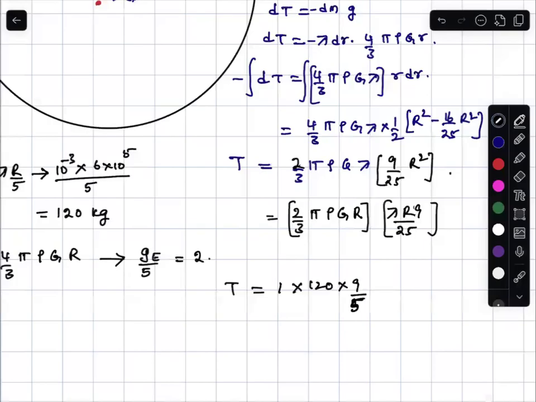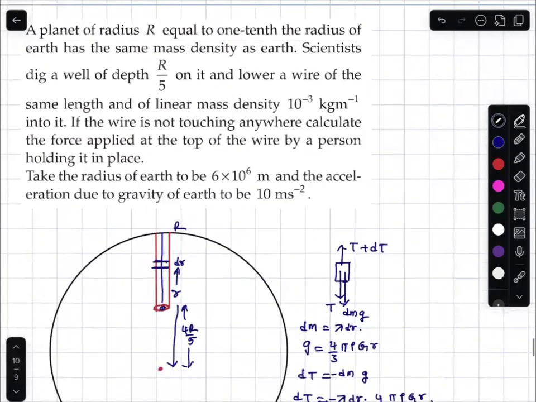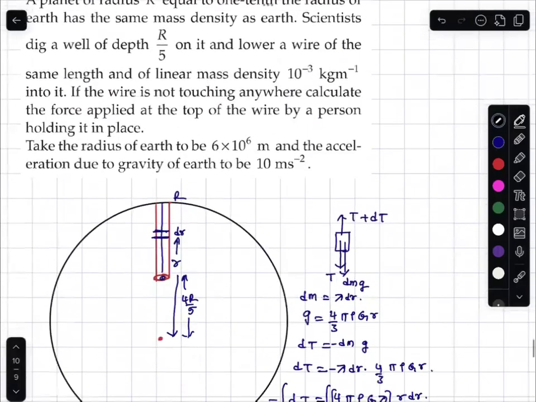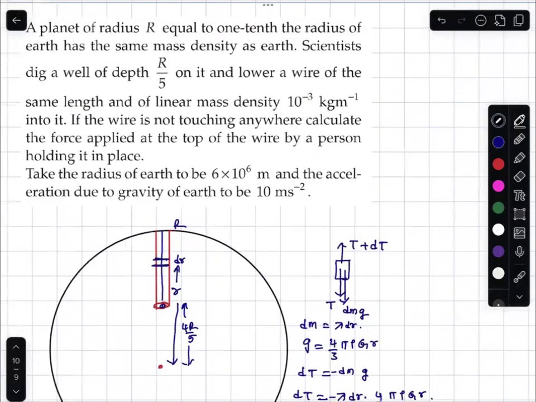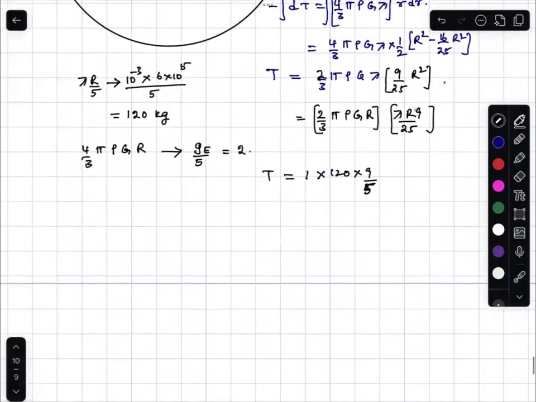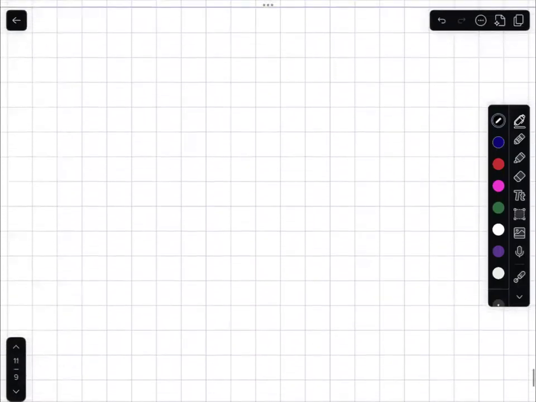Right. So likewise, you need to substitute. Hold on. So this is how you need to do problems of this type. Till this point, do you have any doubt? Clear? Right. Next question.